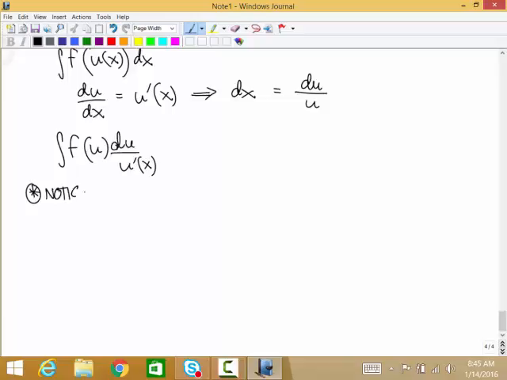The trick to this is that this only works if u prime of x cancels.